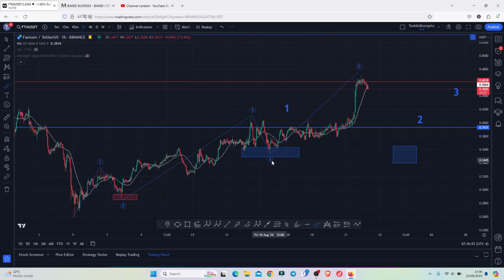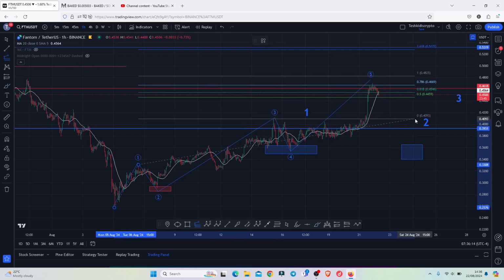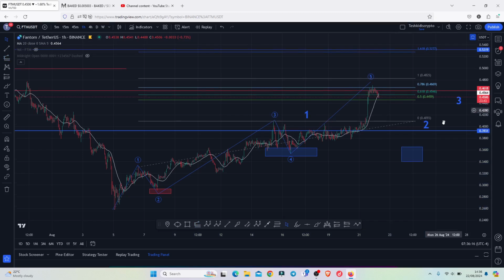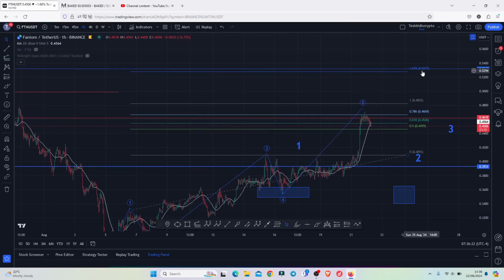And to just give you an area that we need to pay attention to in case we see that aggressive bounce and maybe a reversal in the next coming hours, using the trend-based Fibonacci once more, I will be watching for the area at the fib level 1.618, which perfectly lies above the 0.5277. So in case we get any sudden pumps giving us a break above resistance and continue pushing even higher, then the 0.5277 will be my next target area.